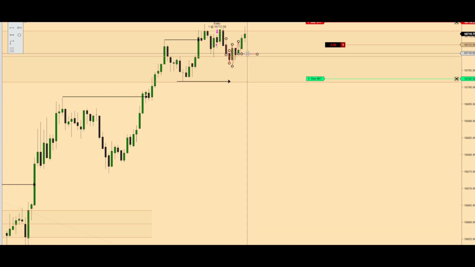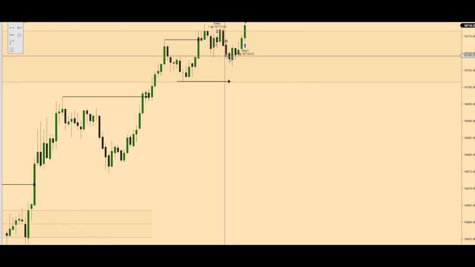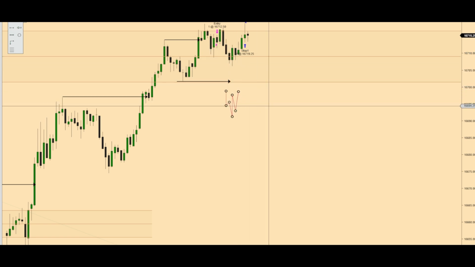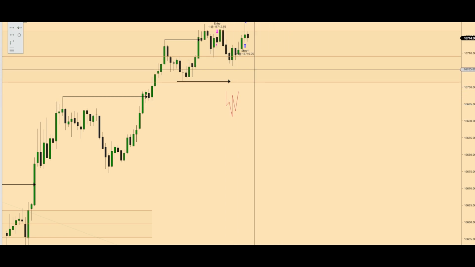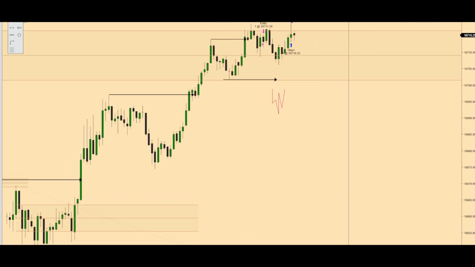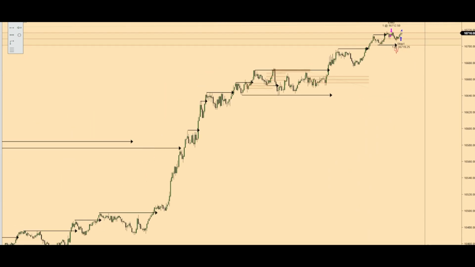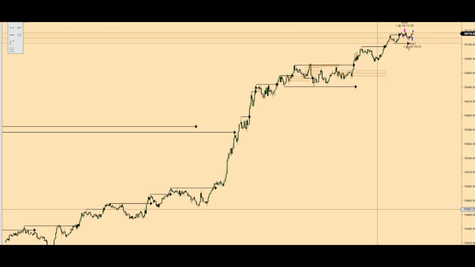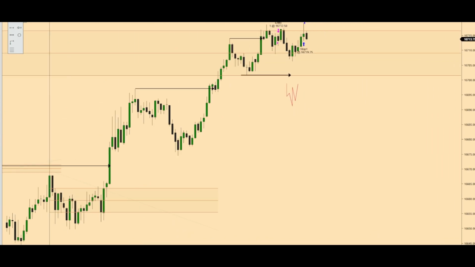So if we take the high, yep. So this is literally my bread and butter right here. This play right here. But I would be less confident in taking that just because we've been going up for so damn long. How many swing points is this?